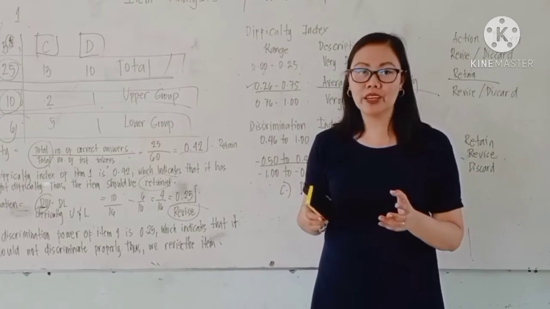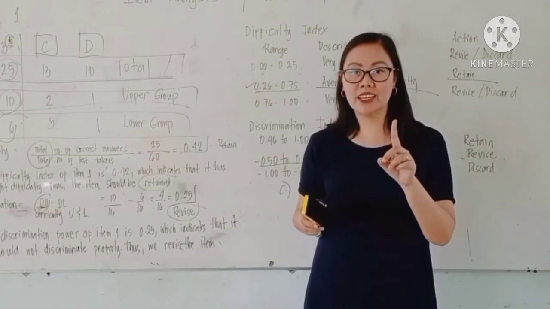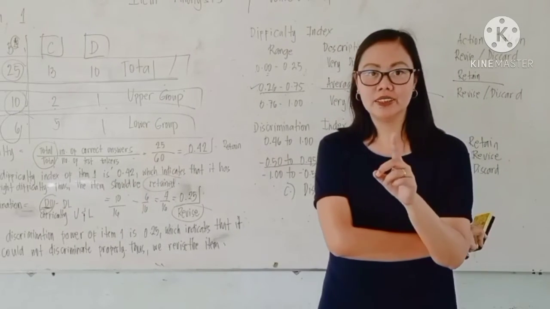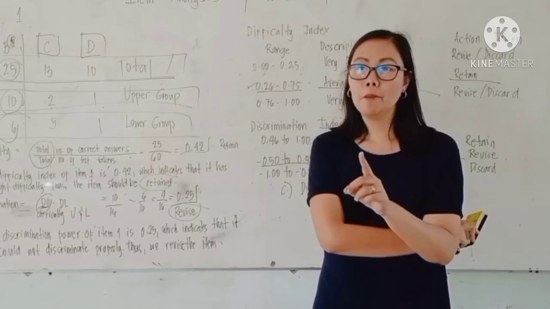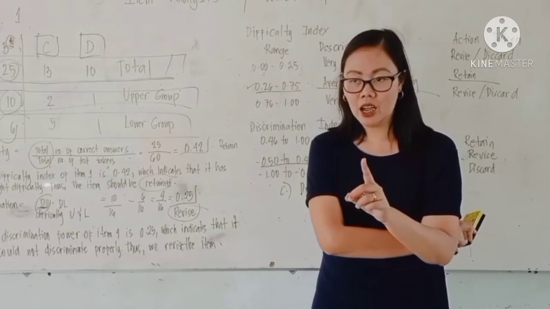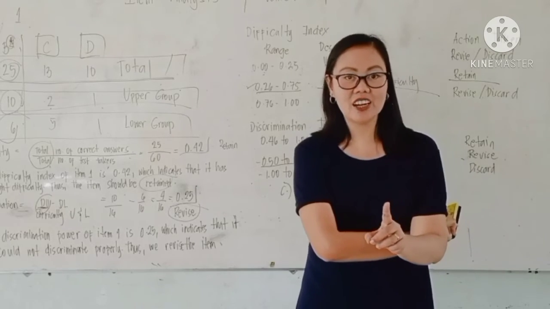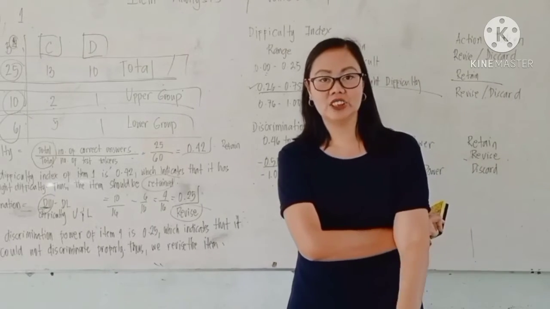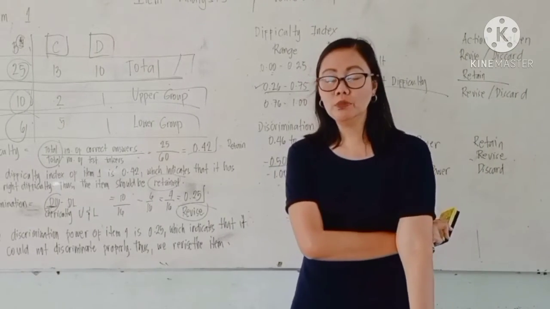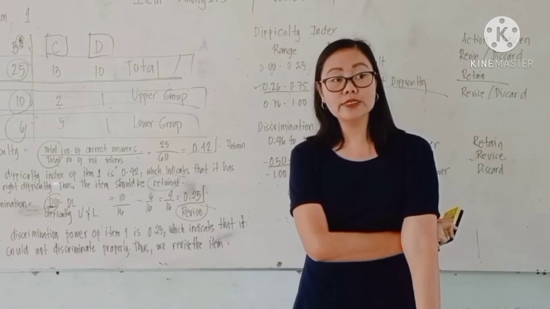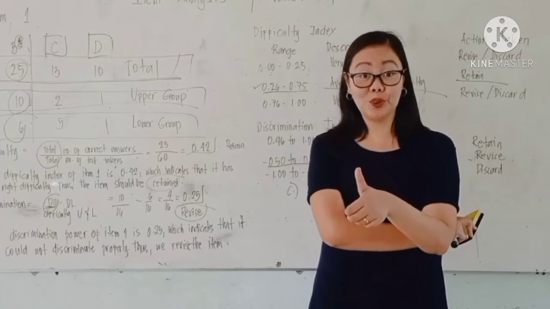Titingnan mo mabuti. Unang process natin, or unang indication natin that it should be revised: pagka sa upper group at sa lower group, walang pumili sa distractor na ito, kailangan siyang palitan. Kung walang pumili sa upper group, pero marami ang pumili sa lower group dun sa distractor na yun, good yun.